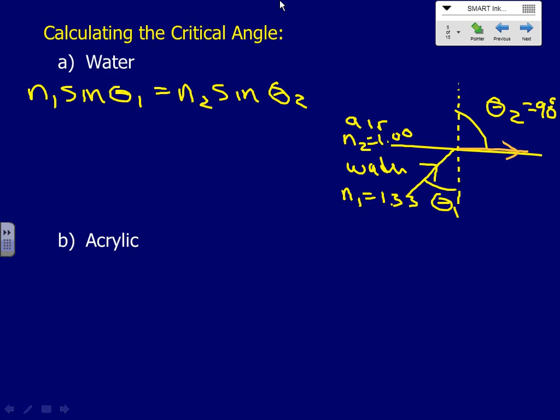Right? If we're going into air, what's N2? Jillian? It's 1. What's 1 times 1? 1. Which means for finding the critical angle for something in air, I'm going to have N1 sine theta 1 equals 1. That's always going to be true.